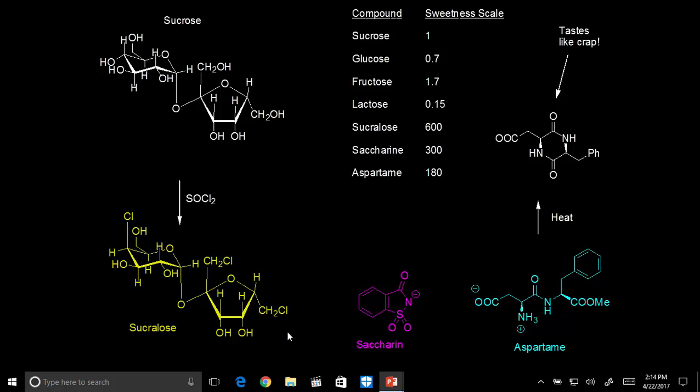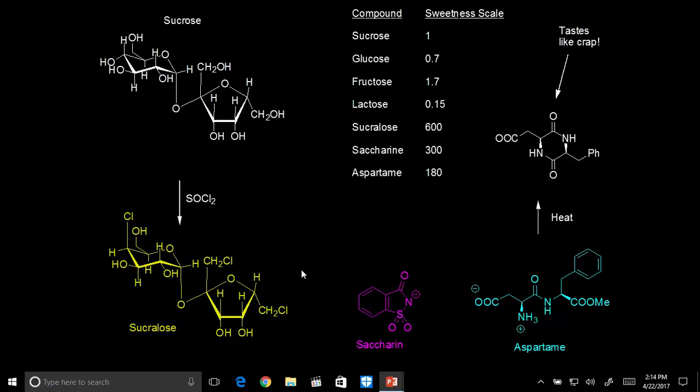But this has been tested quite thoroughly. You don't really need very much of it. And here the chlorines are on sp3 carbons in this case. Okay, so this is sucralose, the artificial sweetener.